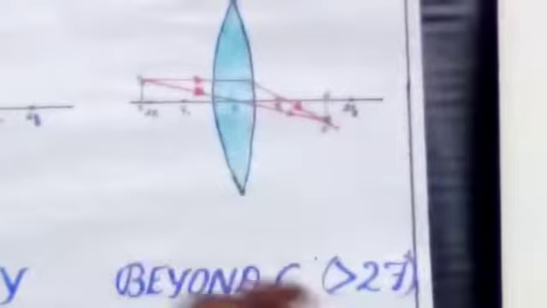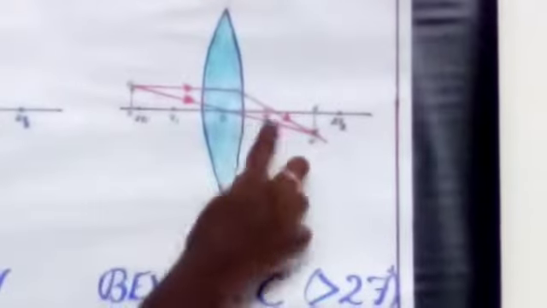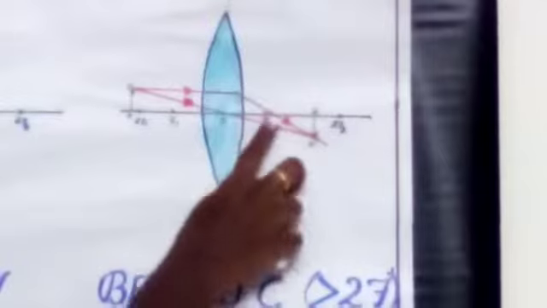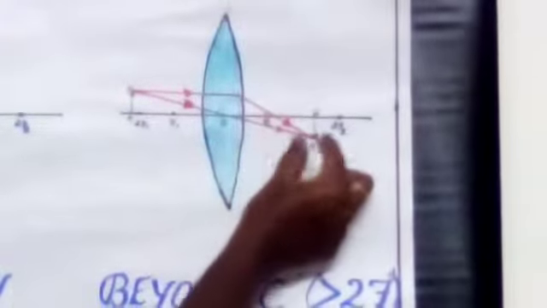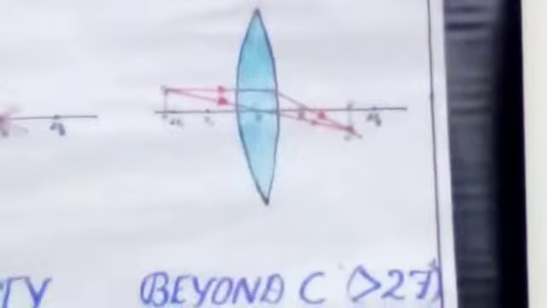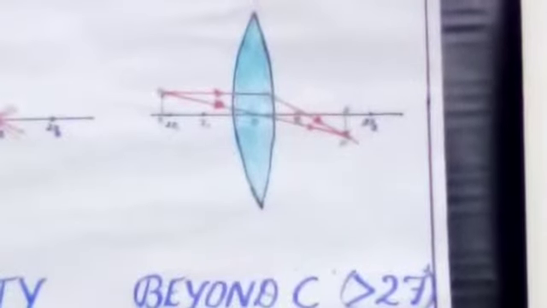The nature of the image is real and inverted, and it is small compared with the object, almost equal size.